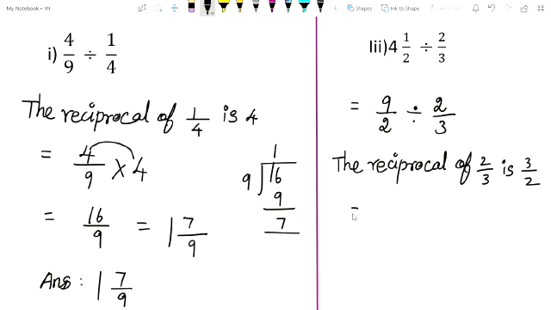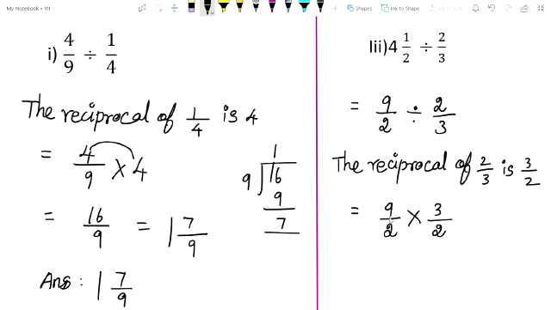Now you multiply this with the dividend. So 9 by 2, the division we change to multiplication. Once we change it, we have to write the reciprocal of the divisor. So the reciprocal of 2 by 3 is 3 by 2.